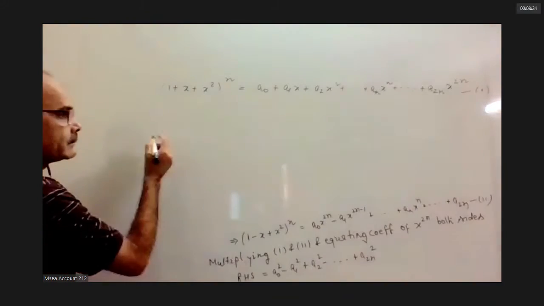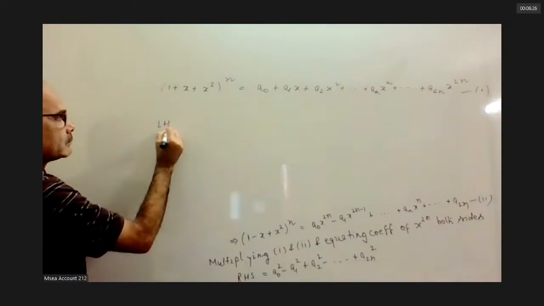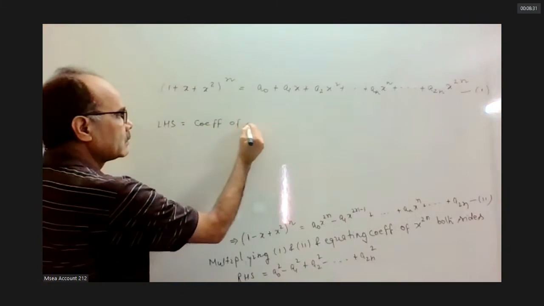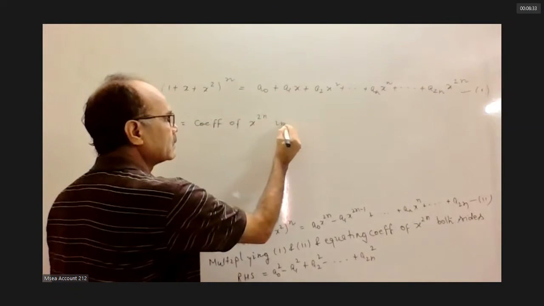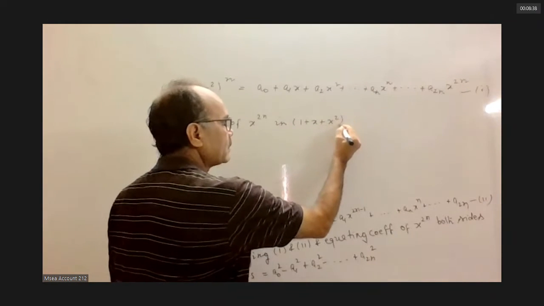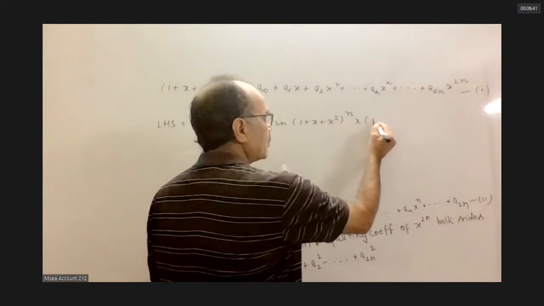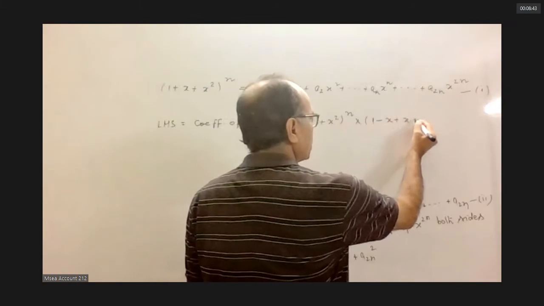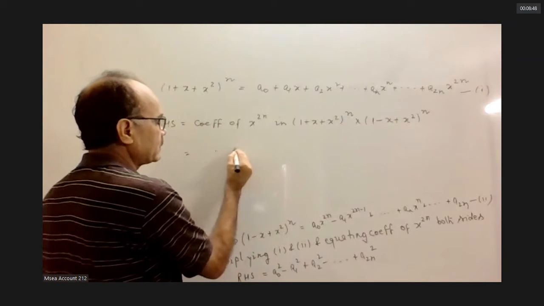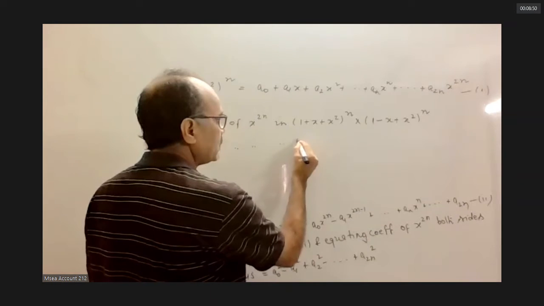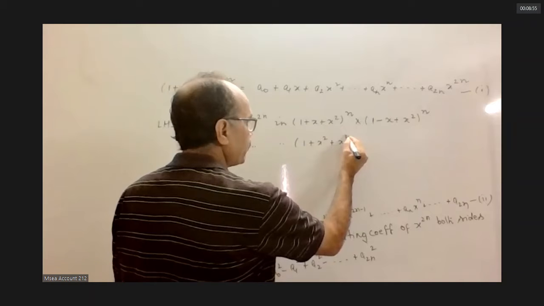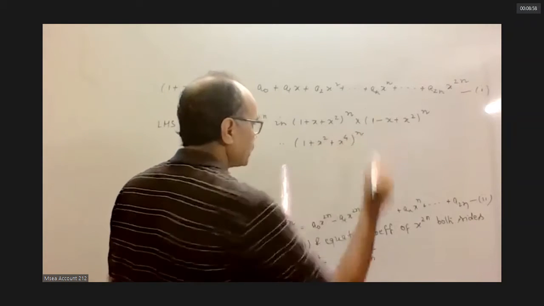LHS: coefficient of x to the power 2n in 1 plus x square to the power n into 1 minus x plus x square to the power n equals coefficient of x to the power 2n in 1 plus x square plus x to the power 4, to the power n.